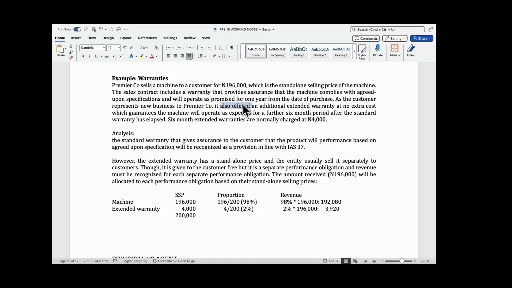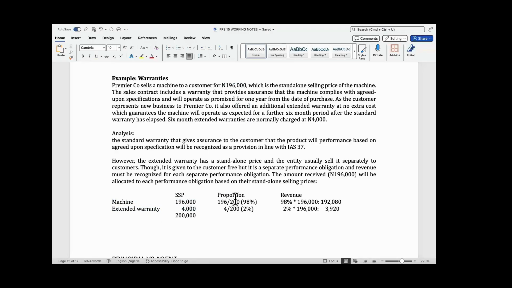It's like we are selling the bundle at 196 and we are giving this extended warranty for free. But IFRS 15 requires that you still recognize revenue on that item because it's a separate performance obligation. You need to recognize revenue on them based on their standalone selling prices, which is why we established them. Normally we sell the machine for 196 and the extended warranty for 4,000.